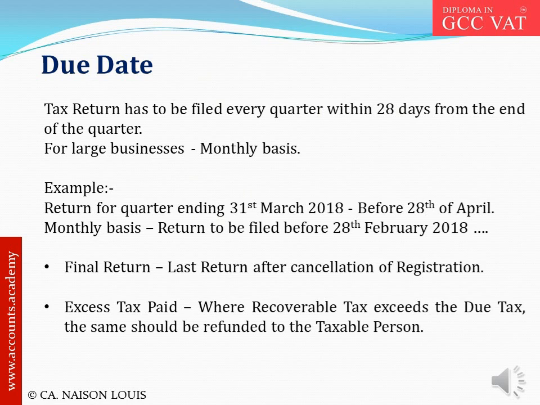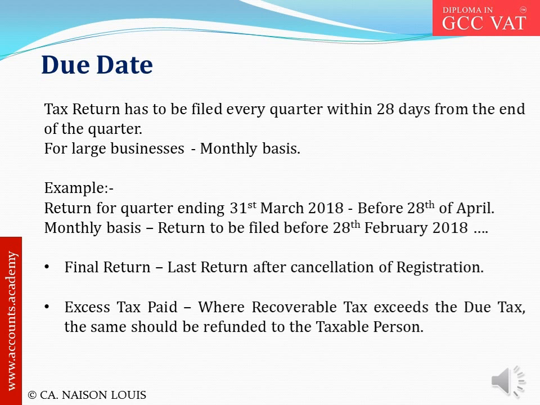Due date. There is a due date for filing the tax return. Normally, the tax return has to be filed quarterly within 28 days from the end of that particular quarter period. And for large businesses, the tax authority can advise them to file it on a monthly basis.